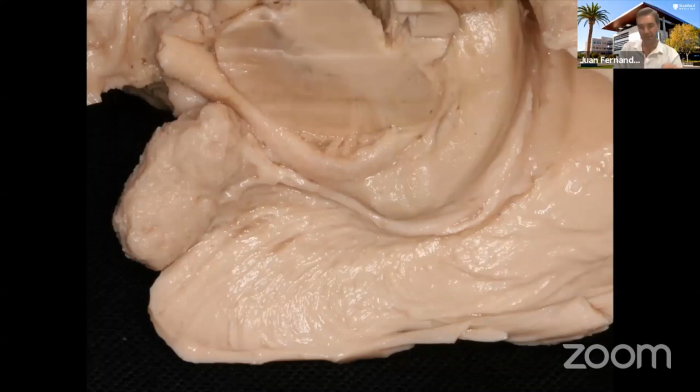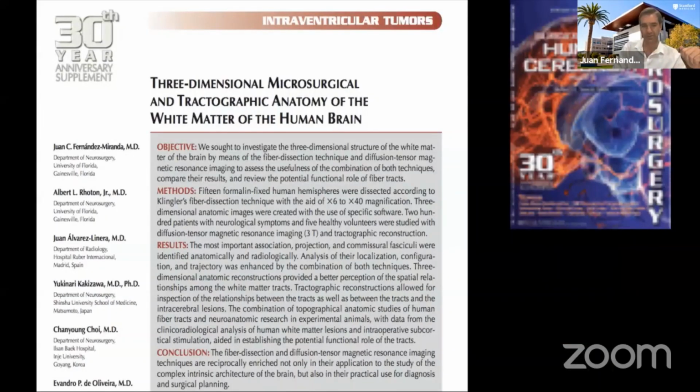Also look in this dissection at the optic tract as a very important landmark. The optic tract represents the upper limit of your surgical resection.